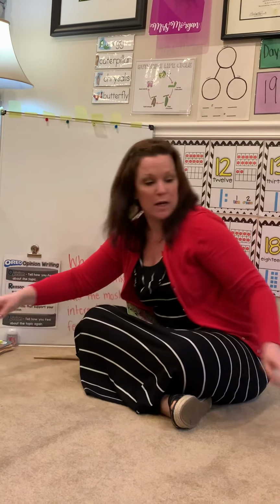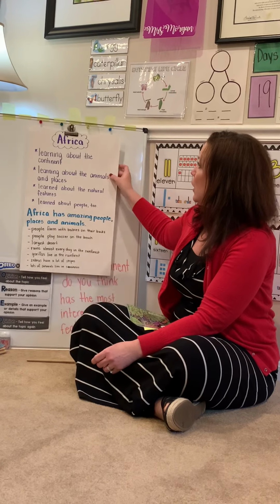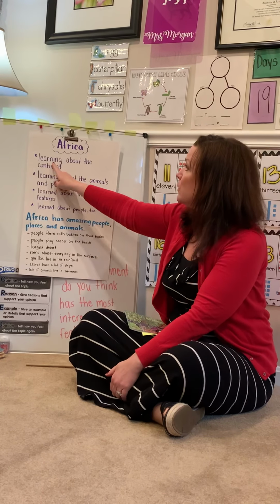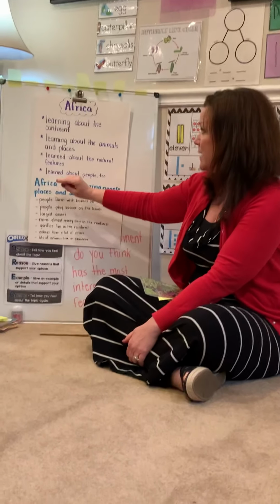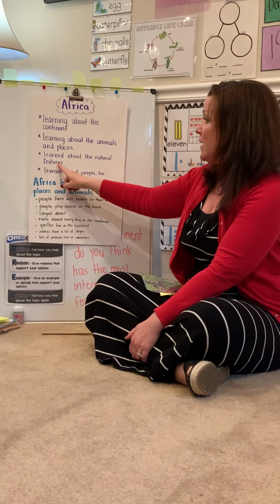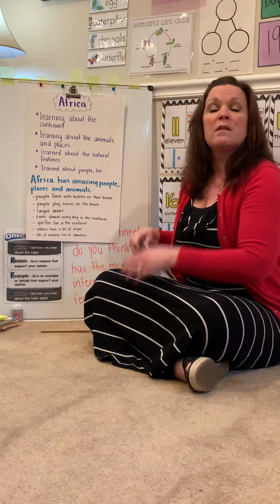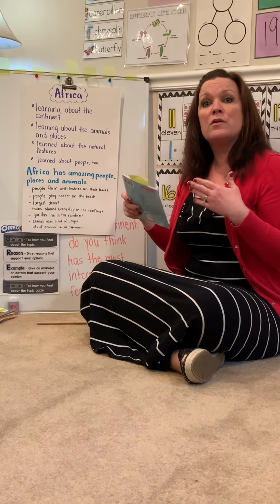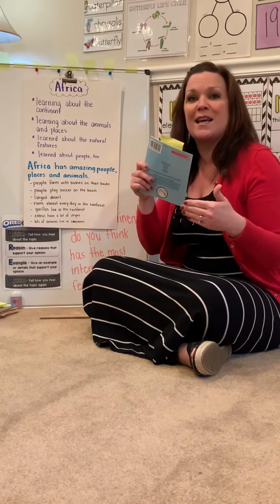Rebecca Hirsch has been working really hard to teach us about Africa in her text. We're learning about the continent. We're learning about the animals and places. We've learned about the natural features. We've learned about the people too. Let's go back and do some more reading in the text. Remember, a good reader rereads things, and that's okay.